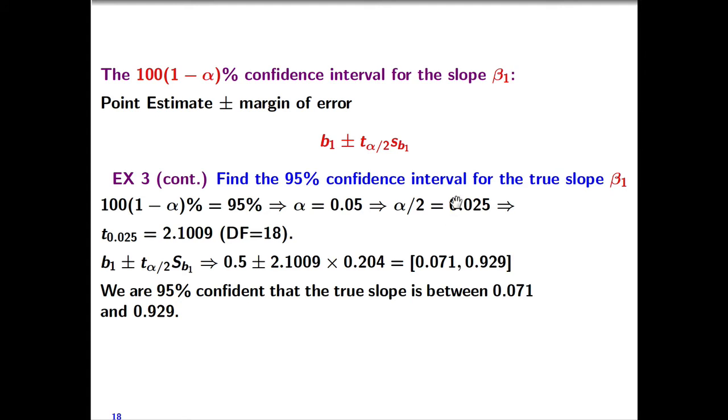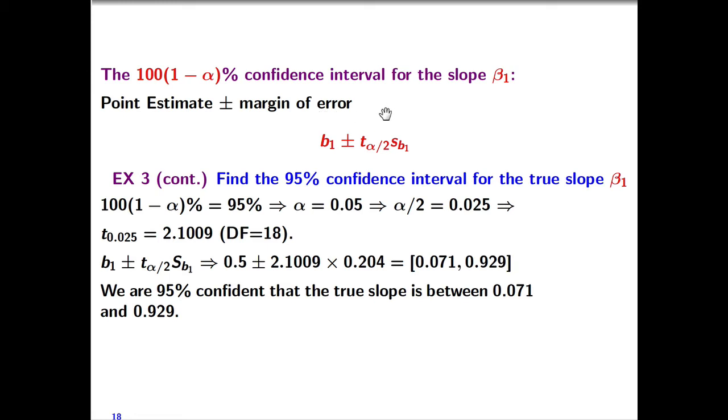Now, we will study the confidence interval estimation related to the simple linear regression model. The first one on the list is the 100 times 1 minus alpha percent confidence interval for the true slope beta 1. Again, we will have the form of point estimate plus or minus margin of error.